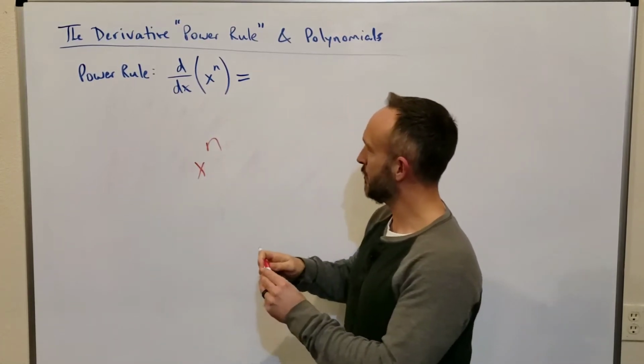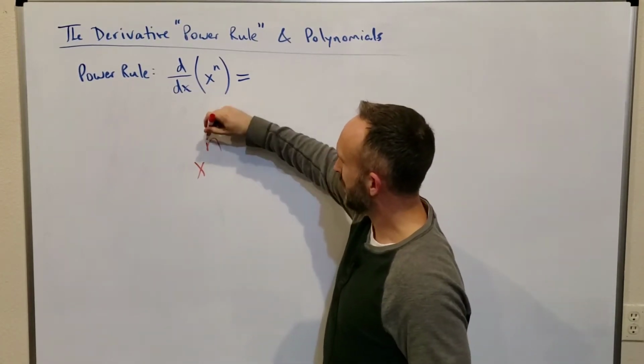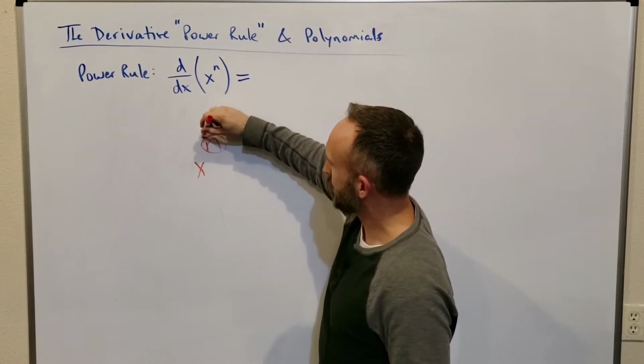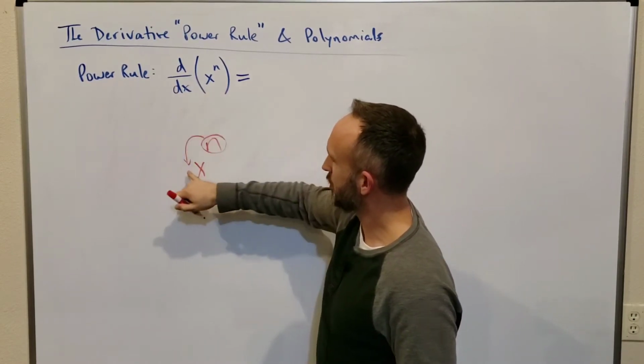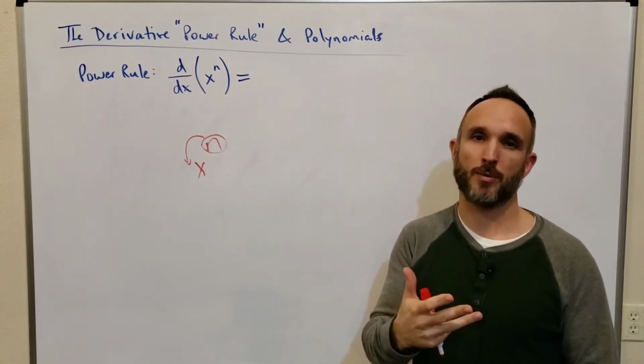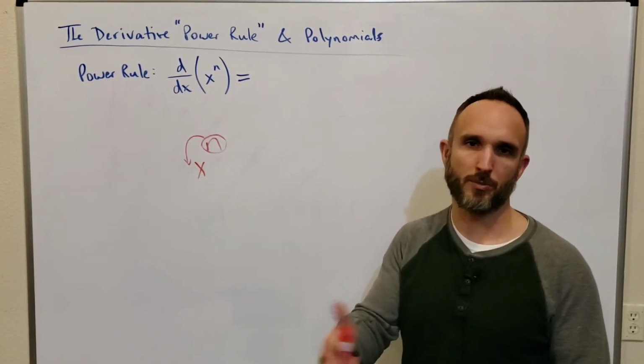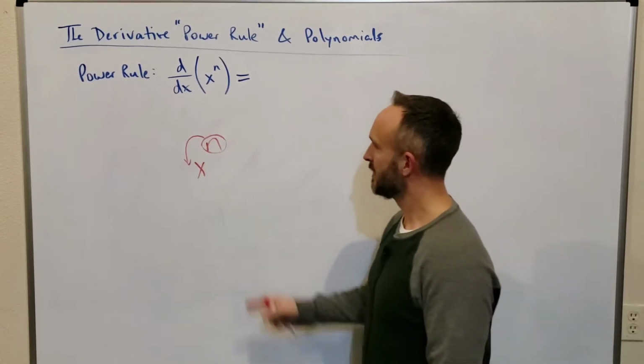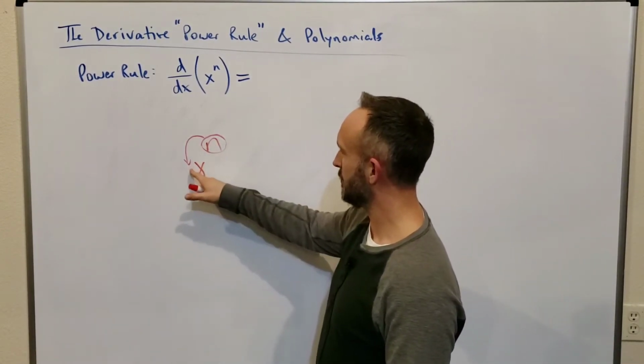The first thing you do is take the exponent and drop it down to the front of the x and turn it into a coefficient. It's very similar to a logarithm property that you may have learned, or a logarithm law, depending on your terminology. Taking the exponent and moving it down to become a coefficient.